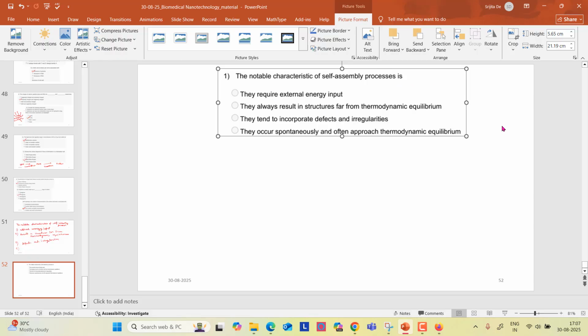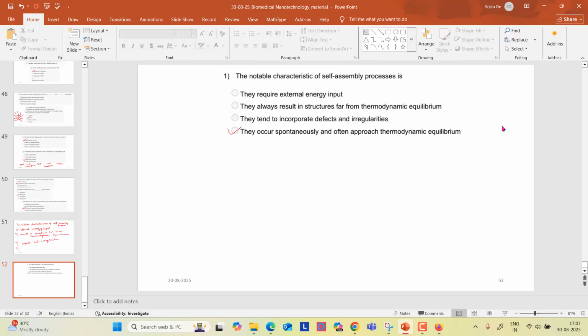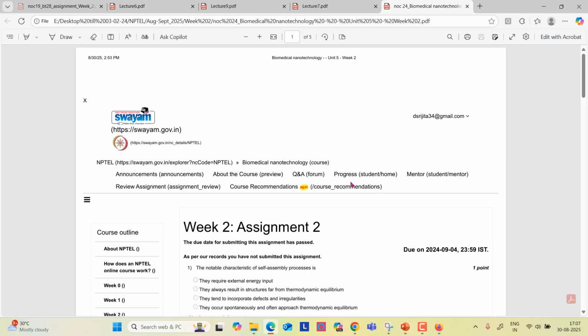You all know that self-assembly doesn't mean any external energy. The structure they achieve is always near thermodynamic equilibrium. And so option 4 will be correct: they occur spontaneously and often approach thermodynamic equilibrium. Next question.